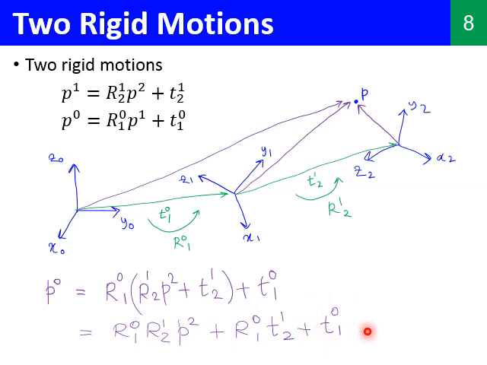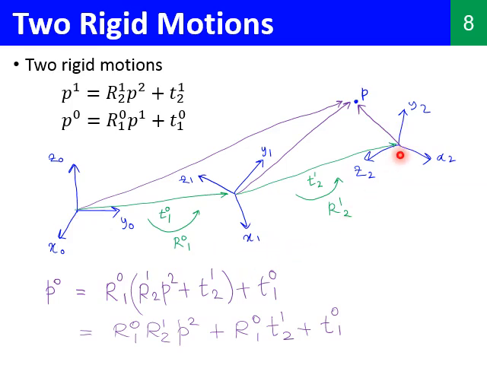So we need to add all these vectors, right? Another thing that we can observe here is two rotation matrices. Actually we can have a single rotation matrix where this one and that one cancel using the composition law. So this is finally equal to R02, right? That is the rotation of frame 2 with respect to frame 0.